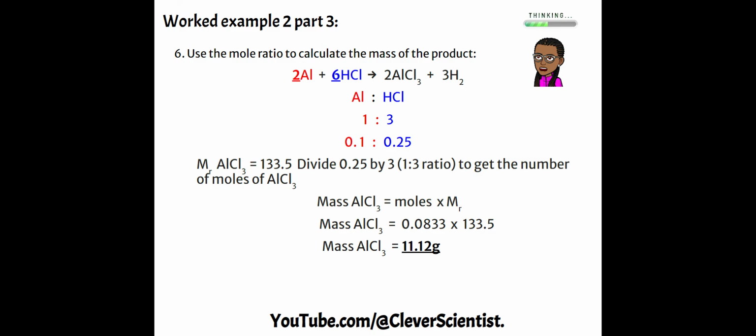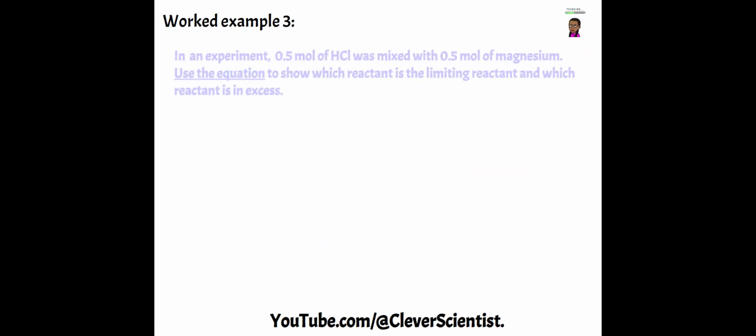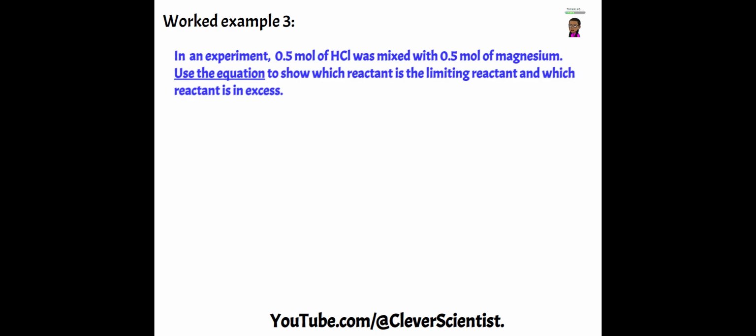So we end up with a mass of aluminium chloride of 11.12 grams. As you can see in this particular example, there's been lots of things that we've had to work out. So it's really important that you show all the steps in your working out, and you'll pick up all the marks available.